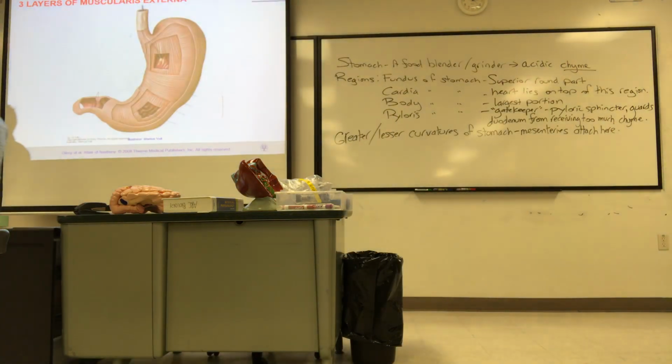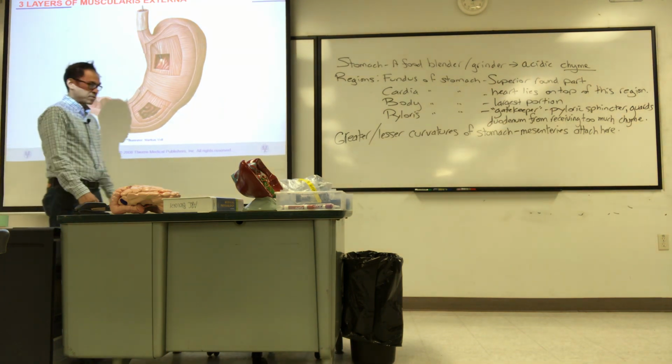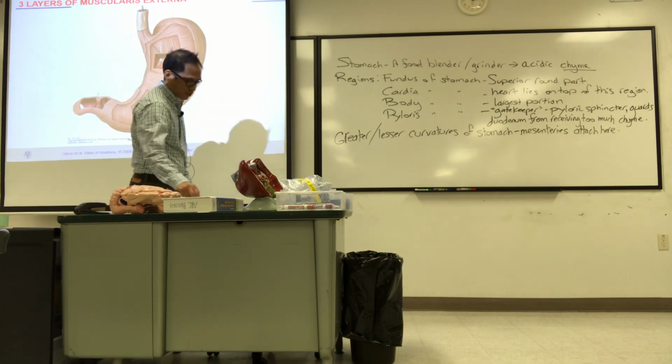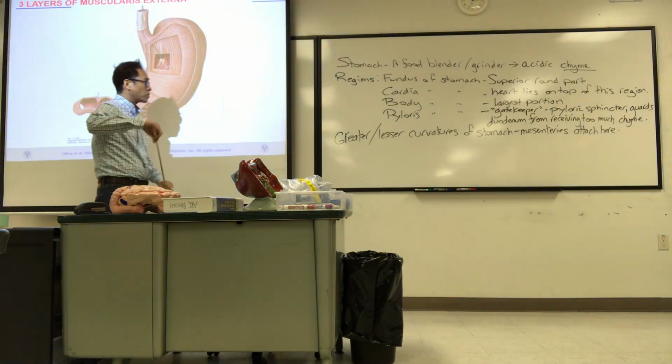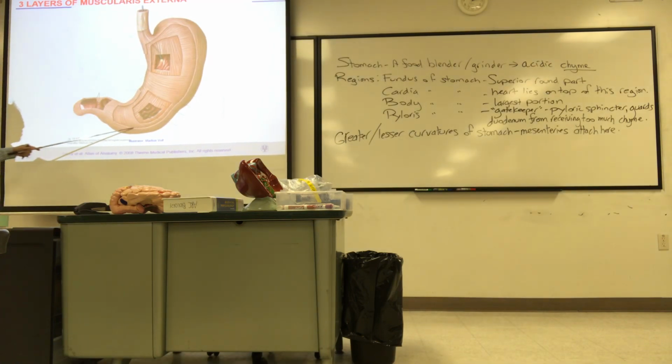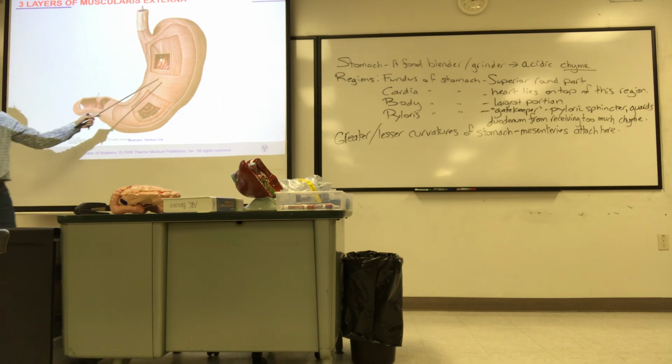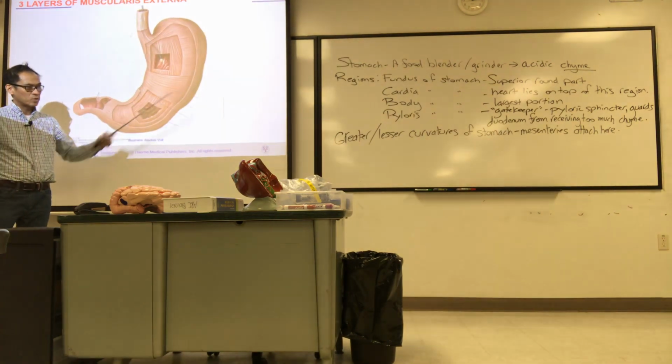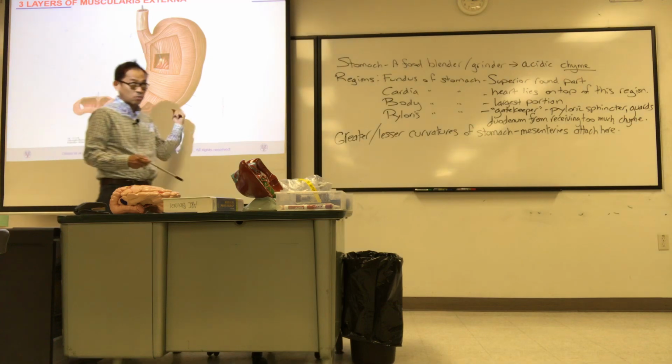If you dissect away the serosa or adventitia, you can see the muscularis externa. So in this picture, notice how they left a little bit of serosa on top there, but then they cut it away everywhere else. And this is an illustration of not only the inside of the stomach, but the 3 layers of muscularis externa, which is unusual. Normally it's bilayered, but here it's trilayered.